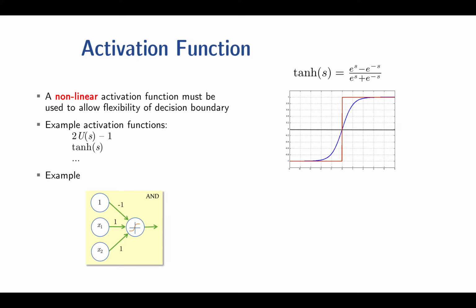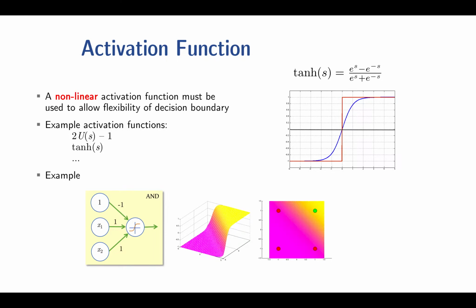So here's an example. What does this kind of activation function do for you? Remember, I had this network as AND, and I had a threshold here. Instead of that unit step, I'm going to put tan hyperbolic here. So what do I get? My surface, if I look at it from the side, was a plane first, but now it becomes like this. And I will threshold that surface.